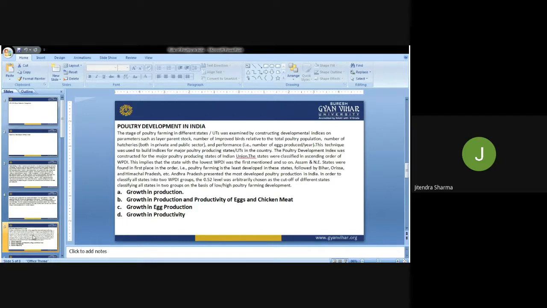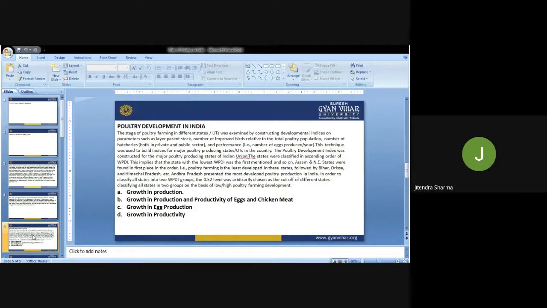Assam and the Northeast states were found in the first place in the order. In other words, poultry farming is the least developed in these states, followed by Bihar, Odisha, and Himachal Pradesh, etc. Andhra Pradesh presented the most developed poultry population in India.